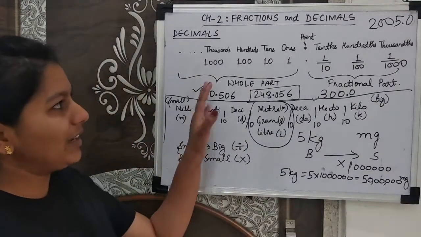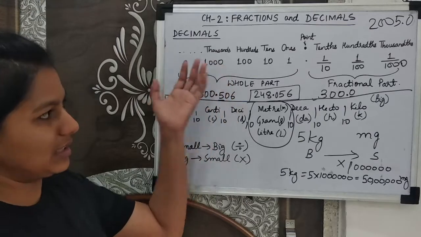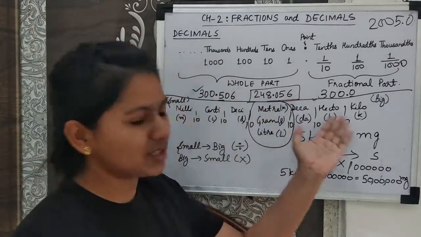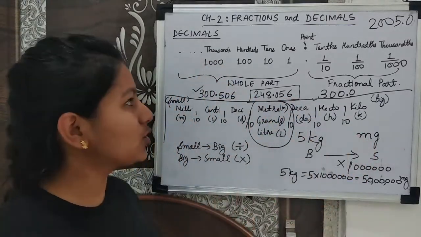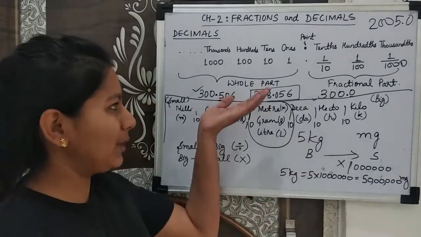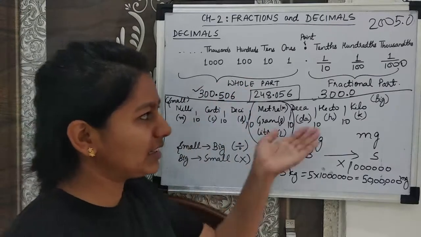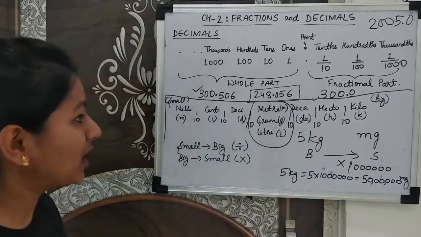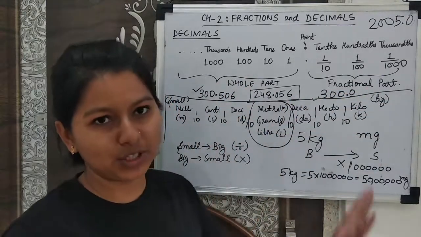So this is all we have learned in decimals: how we can write any decimal number in words, and how I can compare two decimal numbers, by first comparing the whole part, then moving on to the fractional part, then how we can apply unit conversion.